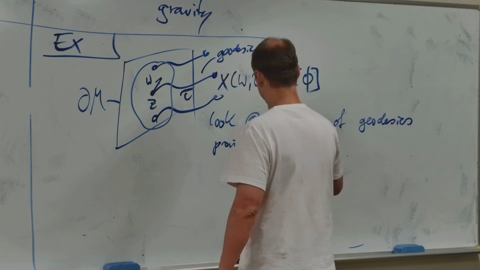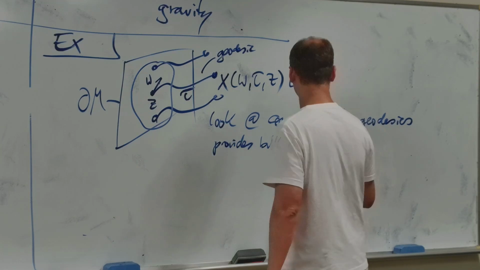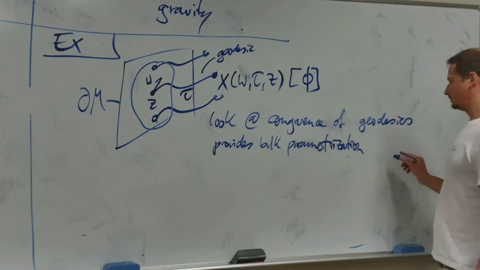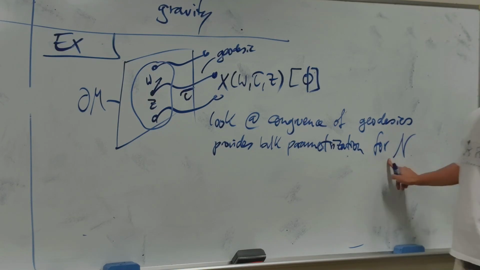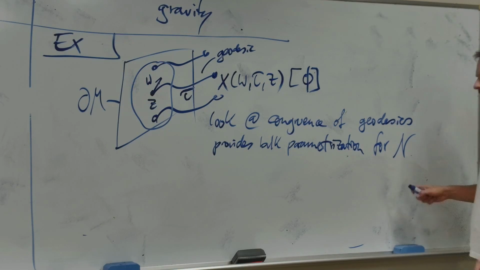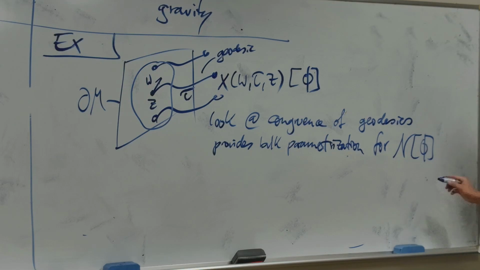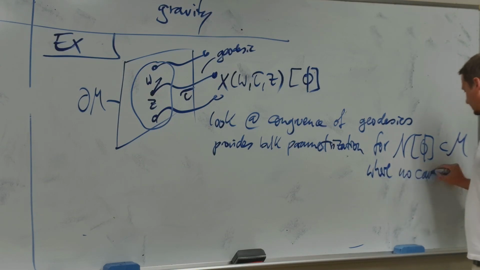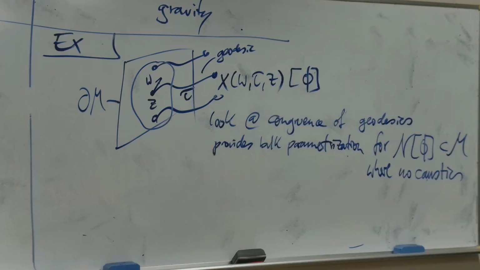This provides a bulk parameterization for N, the neighborhood that I had put in the definition of the reference frame. I will highlight that this neighborhood depends on the field configuration, where we have no caustics. If the geodesics cross, then I'm in trouble, of course.